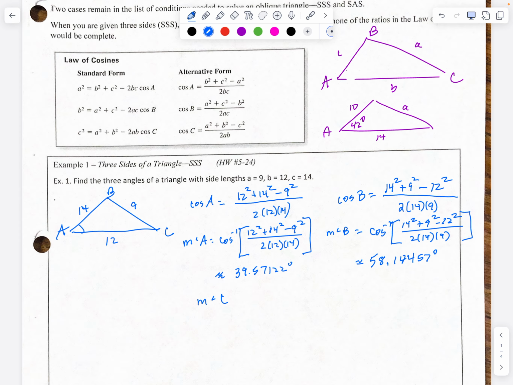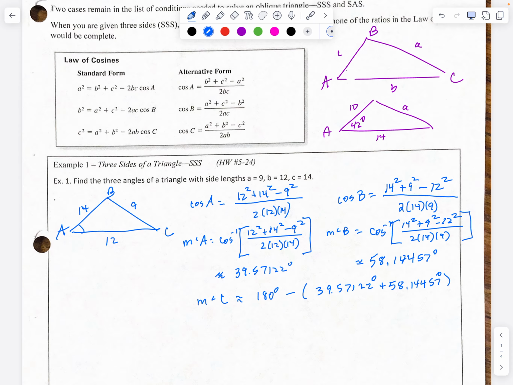And so I would find a, and you're using the formulas, the standard form. And it is a squared is then going to be the two sides that include angle A, which are your b squared plus your c squared, minus twice their product times the cosine of the included angle. It's a pattern.